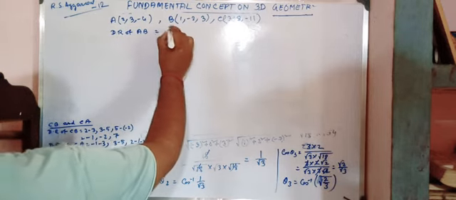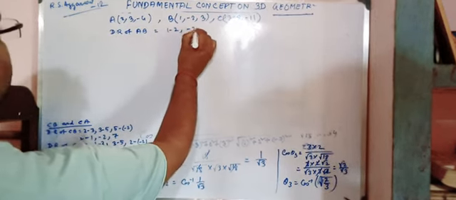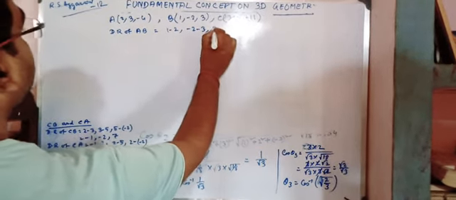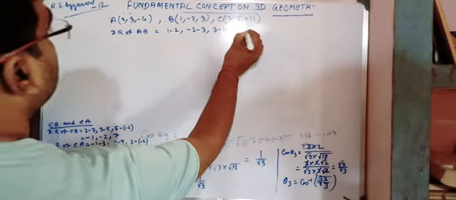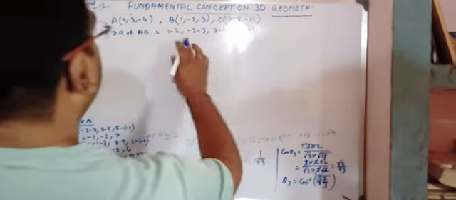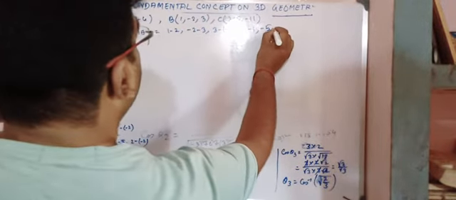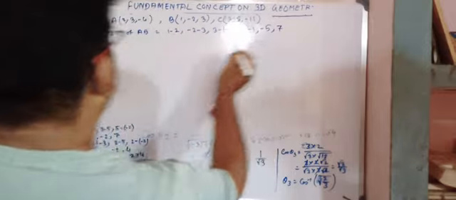that's equal to 1 minus 2, -2 minus 3 and 3 minus of minus 4, that's equal to -1, -5 and 7.